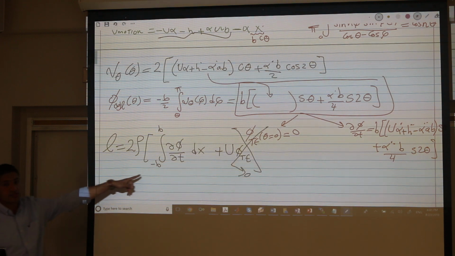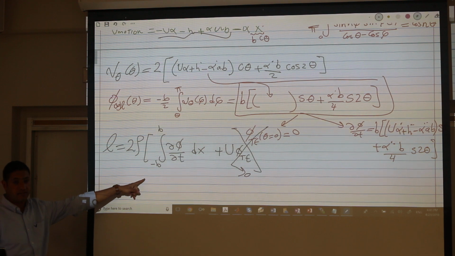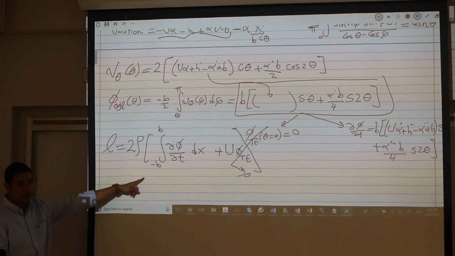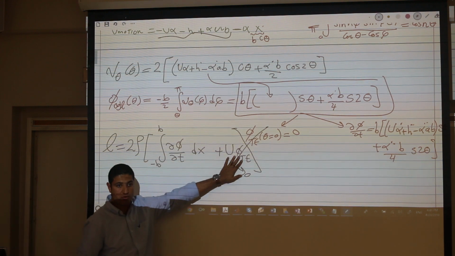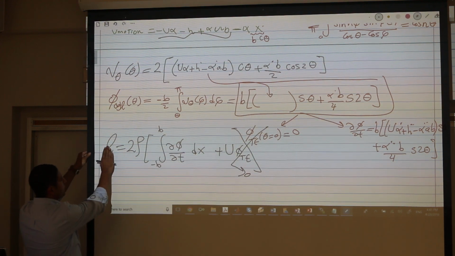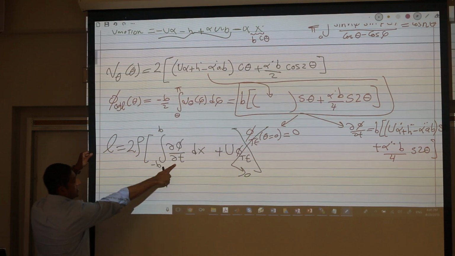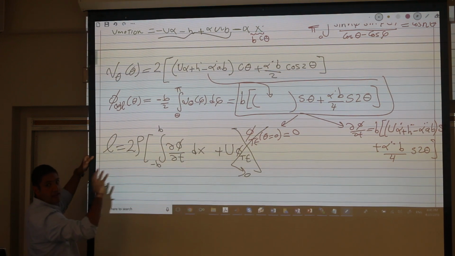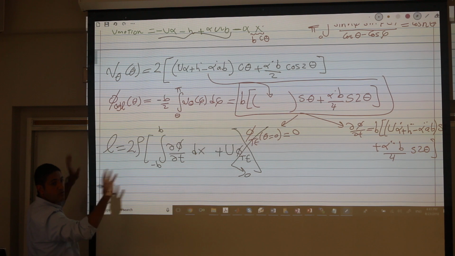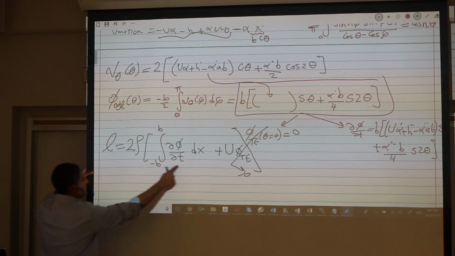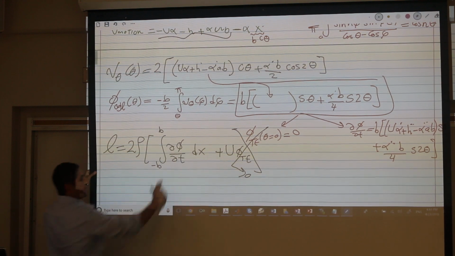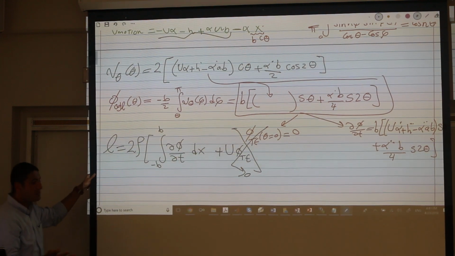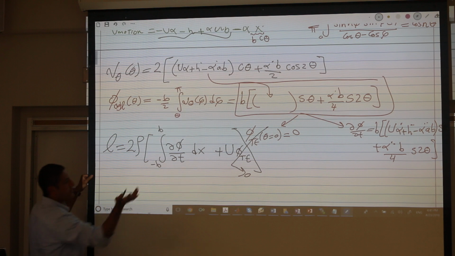And from this relation, you can see immediately that for a non-circulatory flow, there is no circulation. The phi trailing edge is 0. Okay? So the only source of lift is unsteadiness. If you don't have any circulation, the only way to get a lift force is to have an explicit time variation of the phi. If your phi is not time varying, then no lift without circulation.